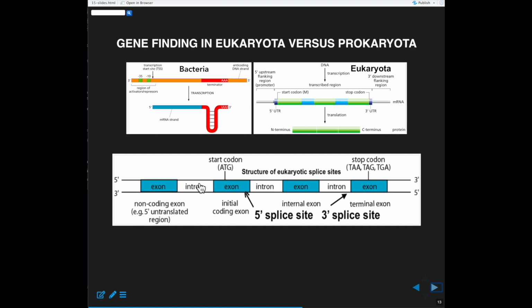I've blown it up down here, and you have splice sites, donor and acceptor sites, that basically indicate where the splice will occur. You have alternative splicing forming different transcripts, etc. So these kinds of properties, like the start codon, stop codons for the exons, and these 5' and 3' splice sites, you can use either HMMs or position weight matrices to characterize.